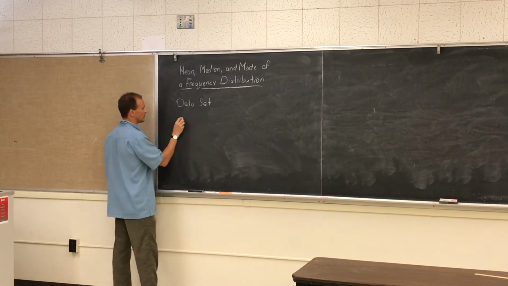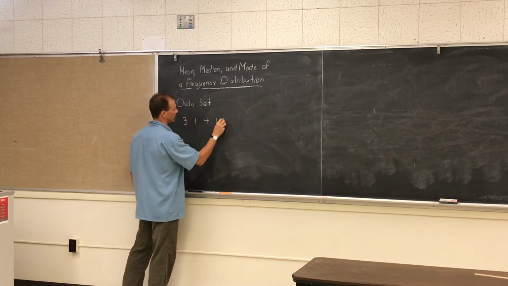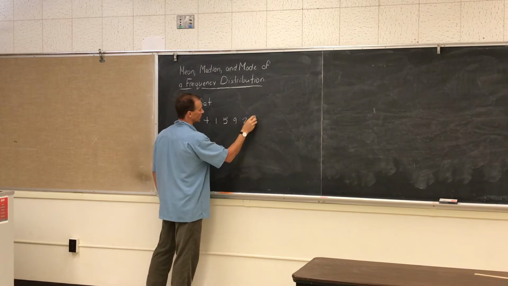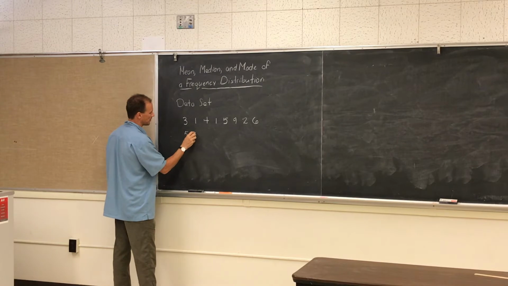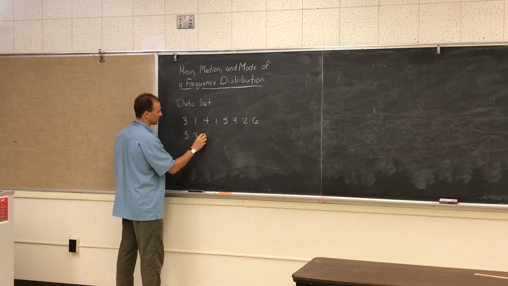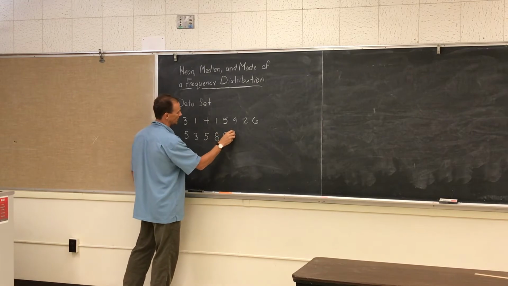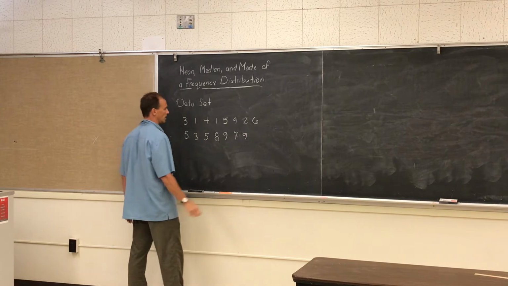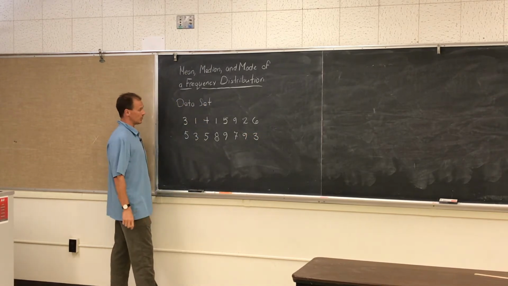And let's use this. I think it's 3, 1, 4, 1, 5, 9, 2, 6, 5, 3, 5, 8, 9, 7, 9, 3. Okay, there's our first row.